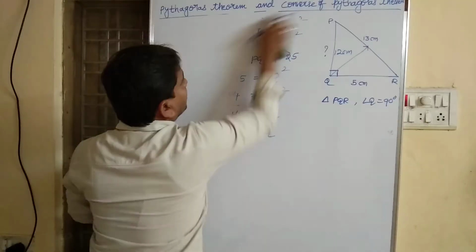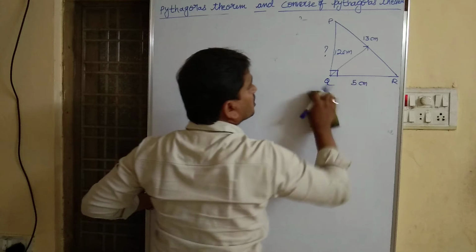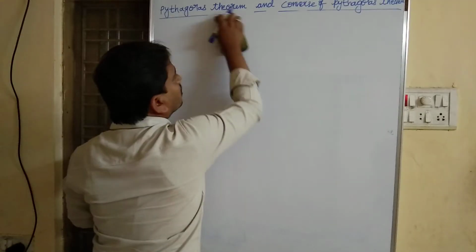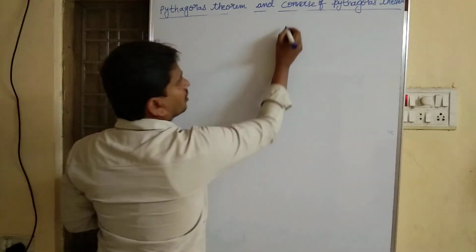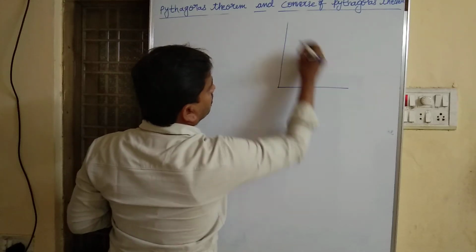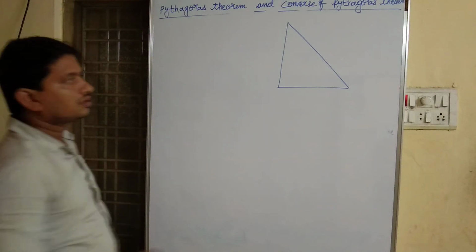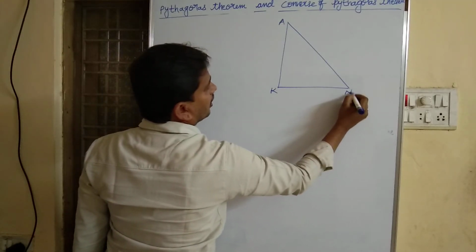Now children, let us discuss the converse of the Pythagoras theorem. What is the converse of the Pythagoras theorem? Consider this is a triangle, triangle AKN.